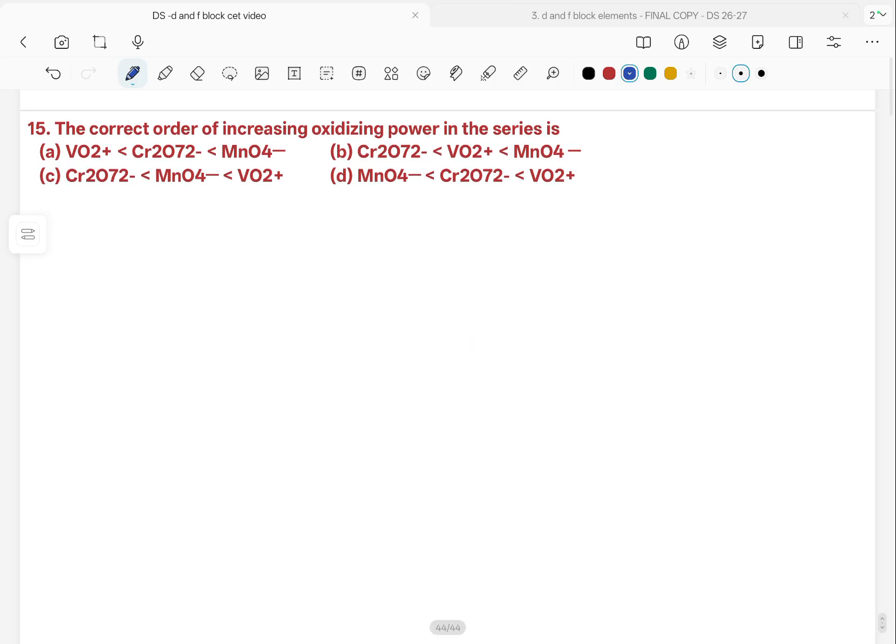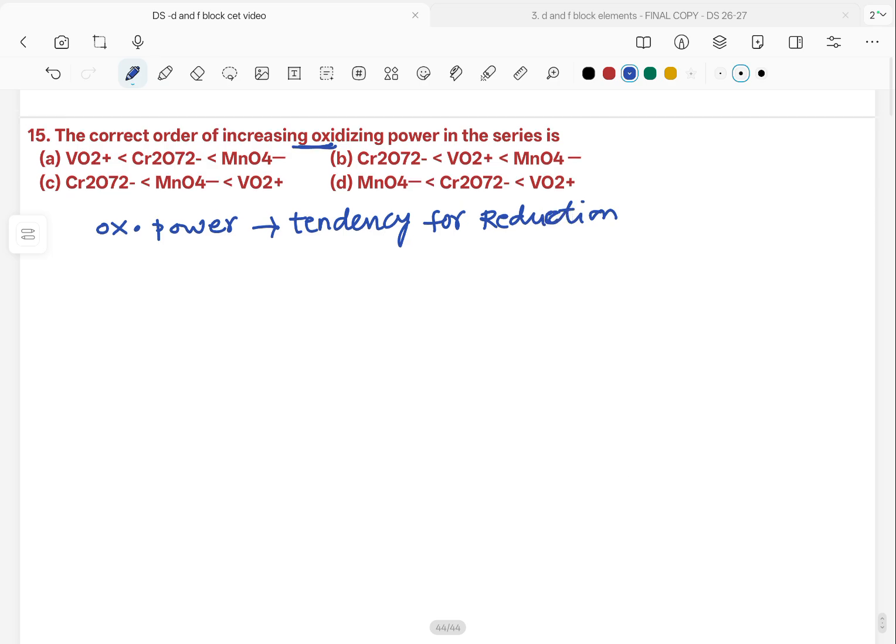The question is like this: the correct order of increasing oxidizing power. Oxidizing power is the tendency for reduction. Elements undergoing reduction will have positive SRP values, positive reduction potential values.